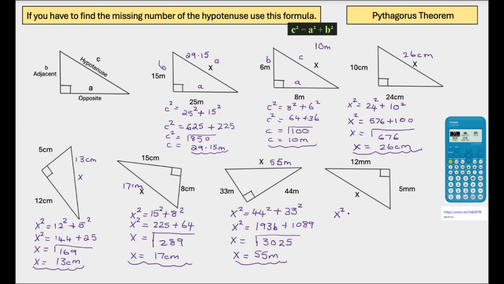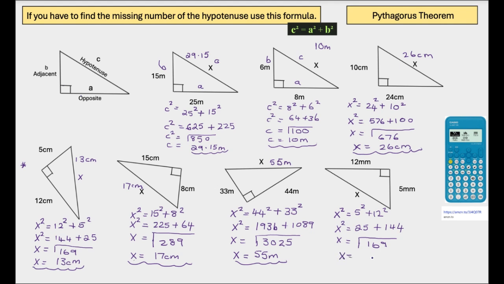So for this one, let's switch it up. So here, I did it their way. Now I'm going to do it the opposite way. So now I'm going to do 5 squared plus 12 squared. X squared equals 25 plus 144. Square root it all, which is 169.